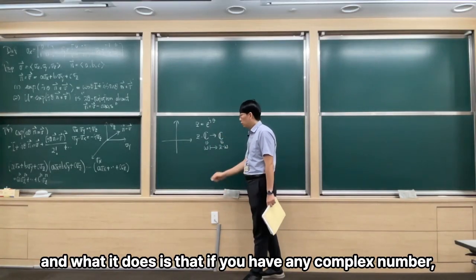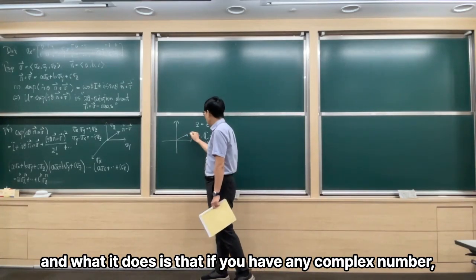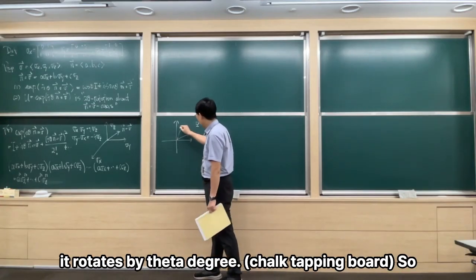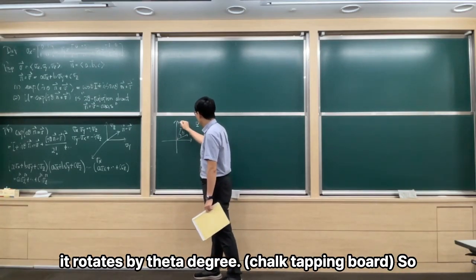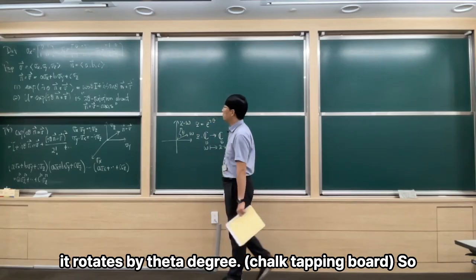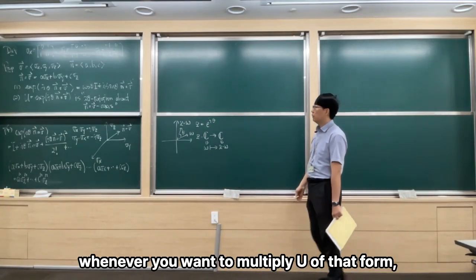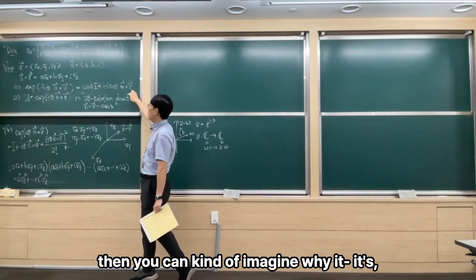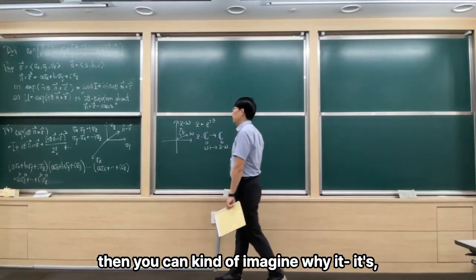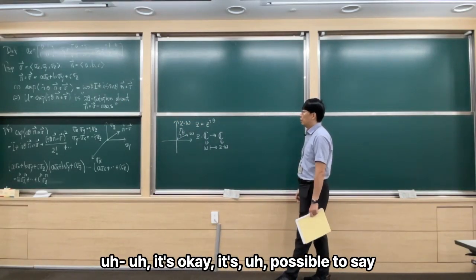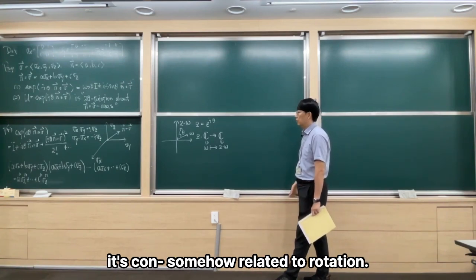And what it does is that if you have any complex number, it rotates by zeta degree. Okay. So whenever you want to multiply u of that form, you can kind of imagine why it's somehow related to rotation.